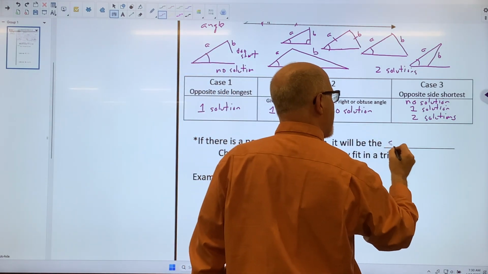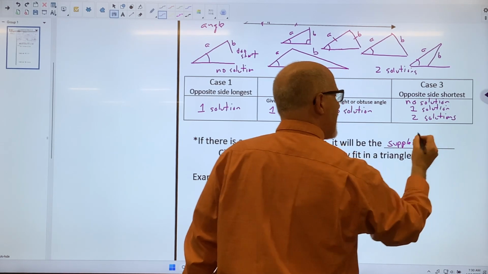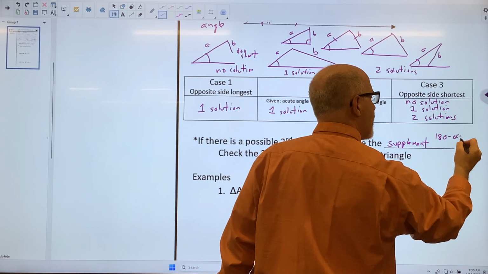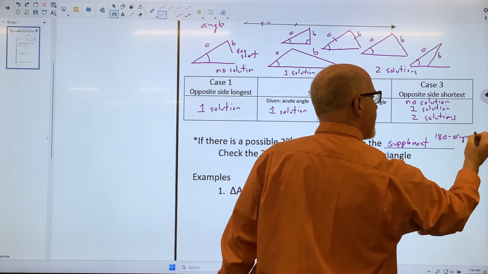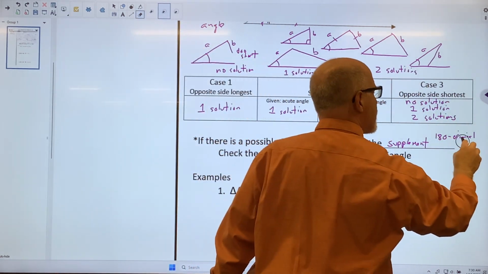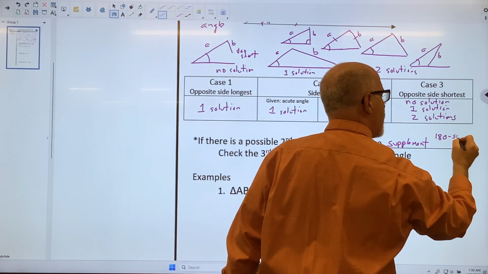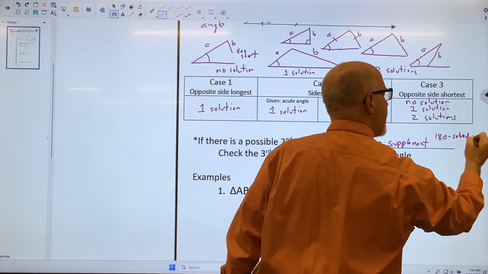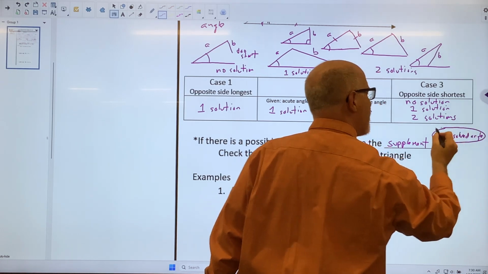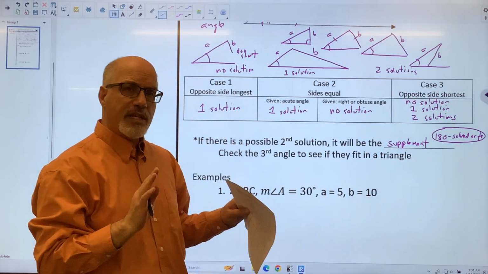So we're going to take 180 minus the original solved angle. That first angle you get, if you find its supplement, you're going to find the possible second solution. Now here's the catch on this.